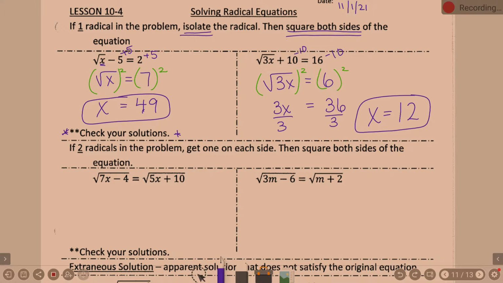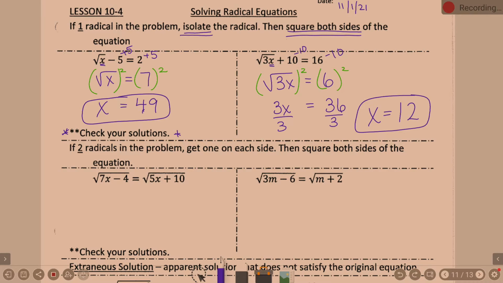Okay, remember? Check your solutions, right? So take 12, put it back in here. 3 times 12 is 36. The square root of 36 is 6.